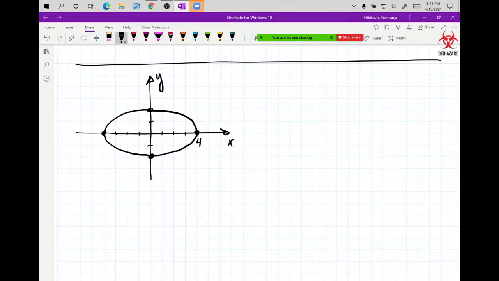Don't make your ellipse look like a 2-year-old drew a rabbit or something. So this is what you have, right? It's an ellipse, and when you look at this, just by looking at the picture, the equation is x squared over 16 plus y squared over 9 is equal to 1. Not 9, sorry, 4. 2 squared is 4.